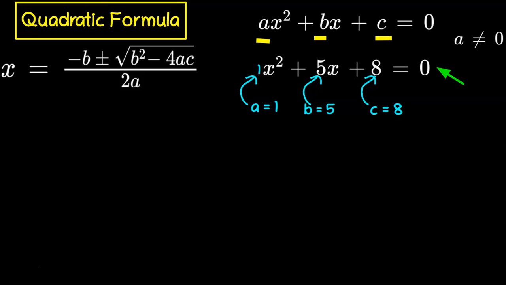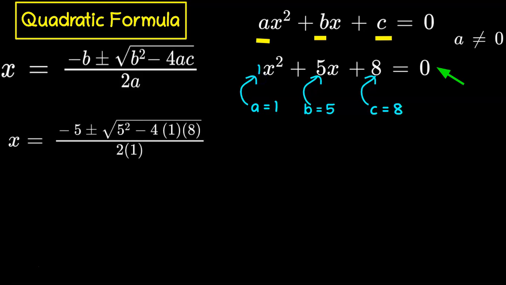Once you have identified a, b, and c, plug them into the formula. So we'll have x equals negative 5 plus or minus the square root of 5 to the second power minus 4 times 1 times 8, all over 2 times 1. Following the order of operations, we will simplify first what's under the square root.